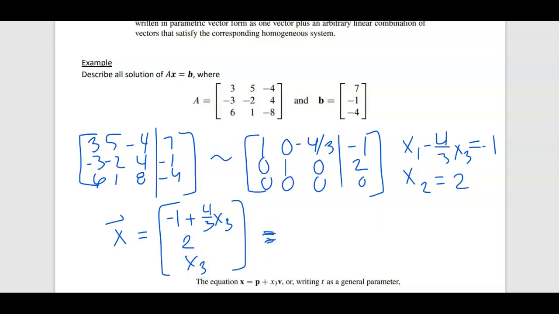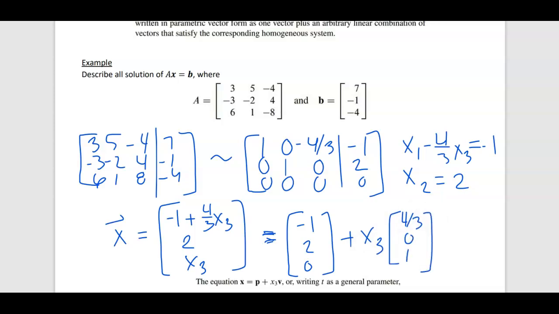And I'm going to take a little note from the last example from the previous video, where I take all the constants and put them in one vector. And then I'm going to take out the x3 and put these coefficients in a second vector.